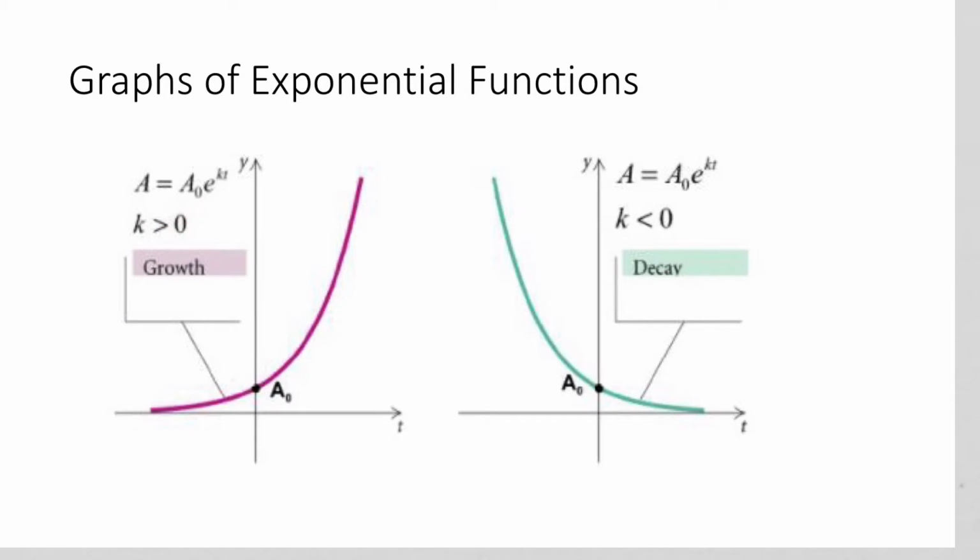Okay, so then here, if your exponential graph starts out large and decreases fairly rapidly and then levels out close to 0, like this graph here, then your k, your rate, is less than 0. It's negative. So this would be decay. You've got a negative in the exponent. This would be growth. You've got a positive in the exponent.